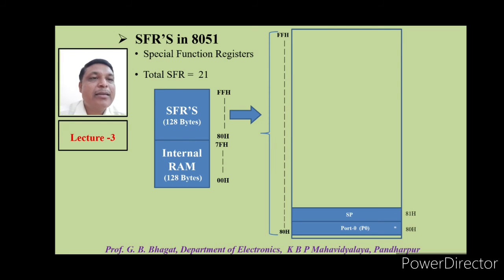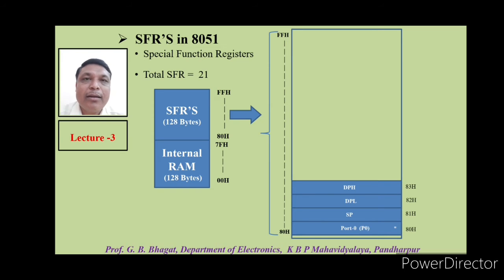Next, at address 81H there is another SFR, SP, which stands for stack pointer. Then there is another SFR at address 82, that is DPL. The addresses 82 and 83H, these 2 bytes, are for the data pointer register, but the data pointer is divided into 2 8-bit registers, DPH and DPL.